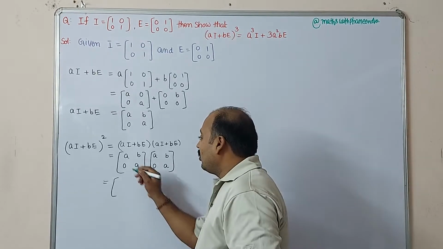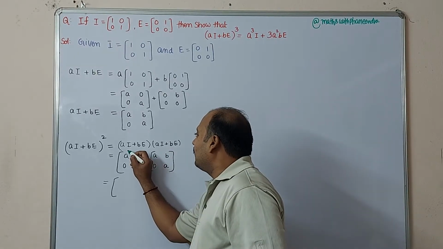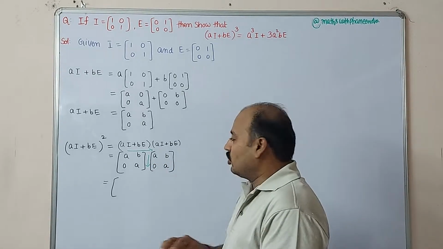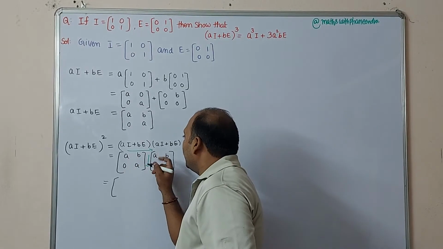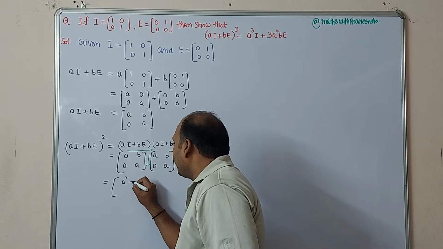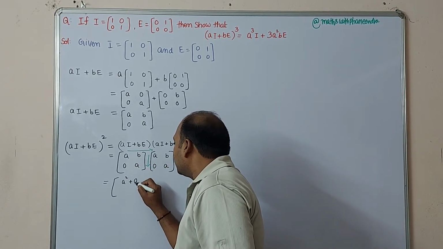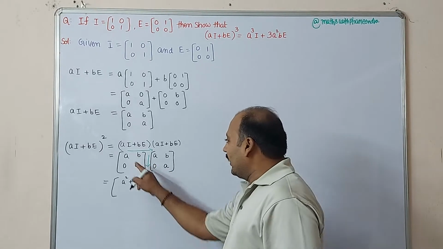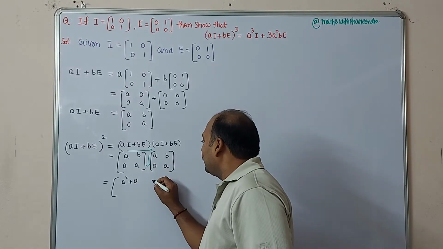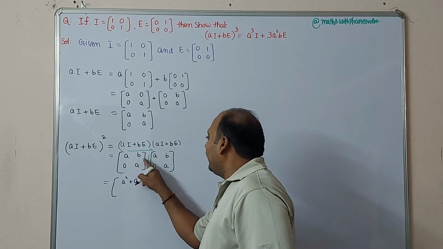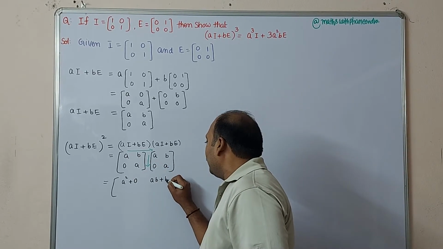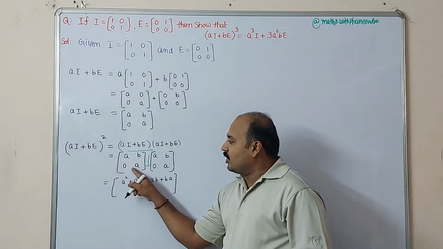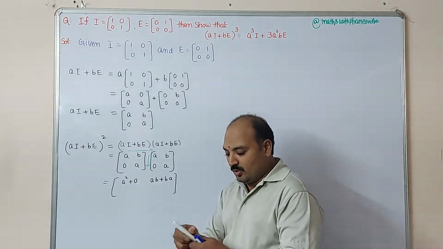So first row, first column you have to multiply like this. You will get a into a, a square, plus b into 0, 0. Similarly, a into b, ab, b into a, ba. Next, 0a, a0 is there, no? Next, what we have to do?